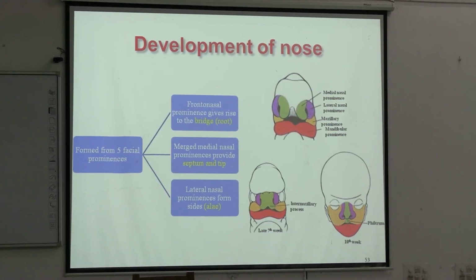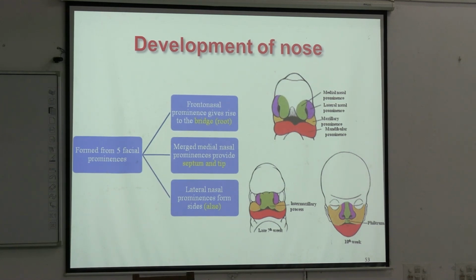They join together and make this part. The root of the nose, which touches the forehead, is formed by the frontal process. The rest is formed by the medial nasal process, coming from the root to the tip, as well as the septum, which comes from the union of the medial nasal prominences.